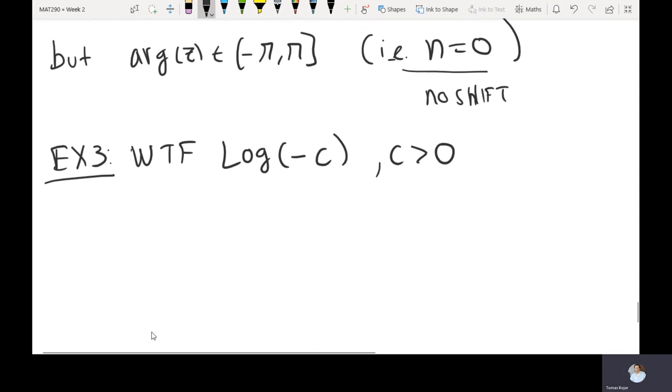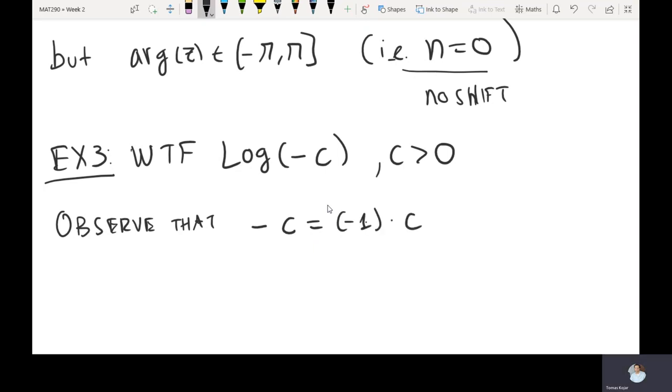So let's start a little bit slow. So we want to find this guy. Observe that minus c is equal to c times minus 1. And minus 1 has the following polar form, e to the i pi.